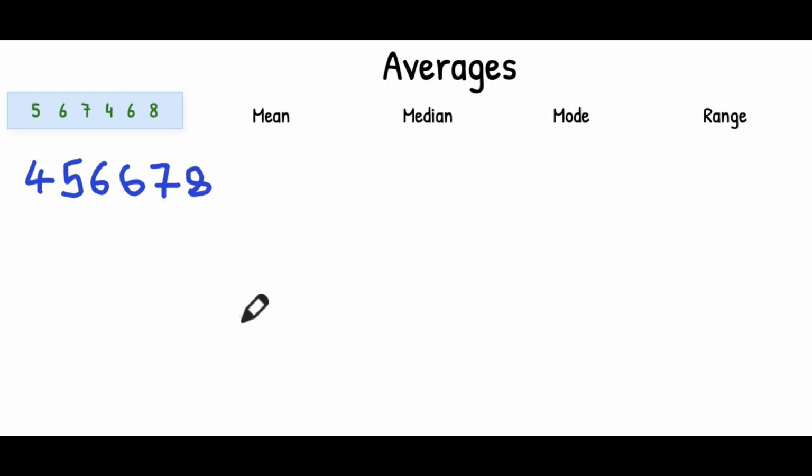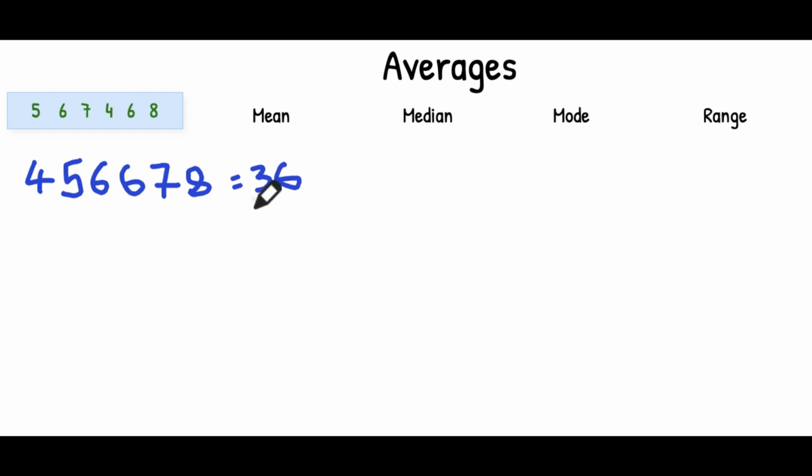Now when you calculate your mean, you're trying to find the total. What is 4 plus 5 plus 6 plus 6 plus 7 plus 8? 4 plus 5 is 9, 9 plus 6 is 15, 15 plus 6 is 21, 21 plus 7 is 28, 28 plus 8 is 36.